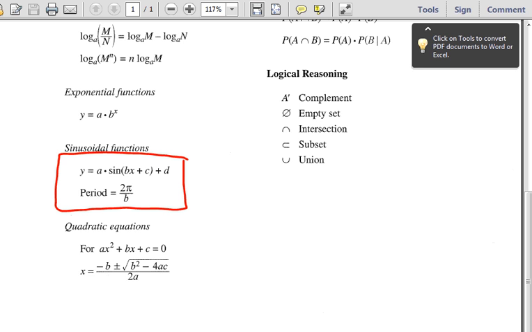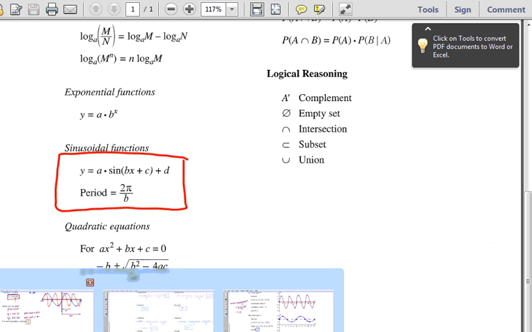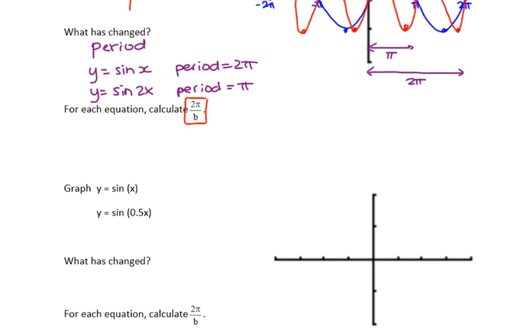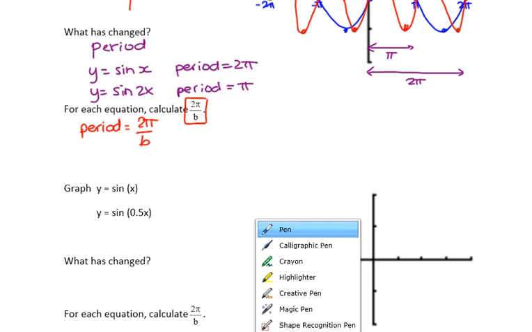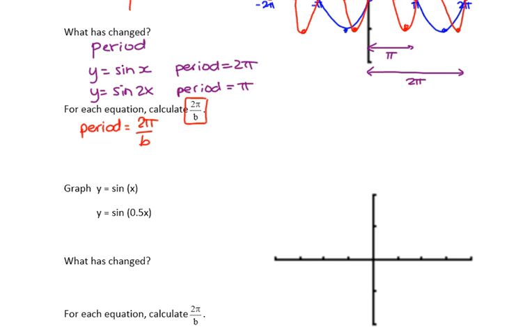So in this example that we've done, we're going to calculate the period. We could have also calculated the period using the formula 2 pi over b. That's something that's really important. Period equals 2 pi over b.